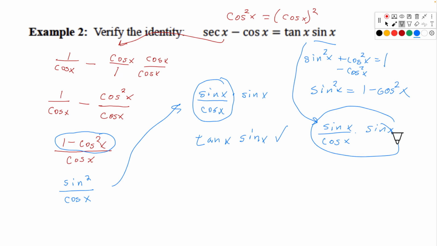Yes, we could have started with the right side and done the same thing until we got equal to the left side, and sometimes one way will be easier than the other. It might be more direct. In fact, I think if we did that, because notice if we turn this, we could then turn this into sine squared over a cosine. We would have had to separate it into two fractions, and that might have been harder to do.